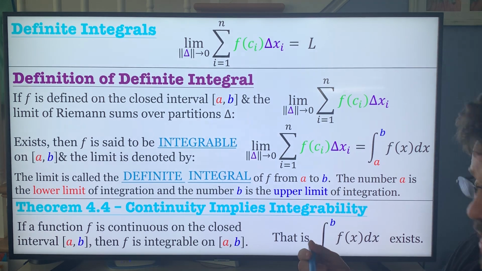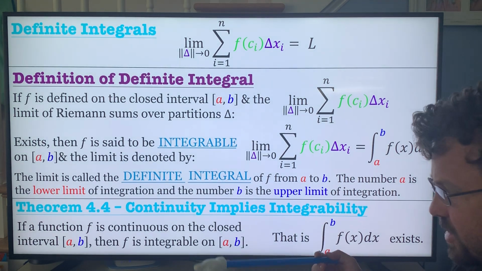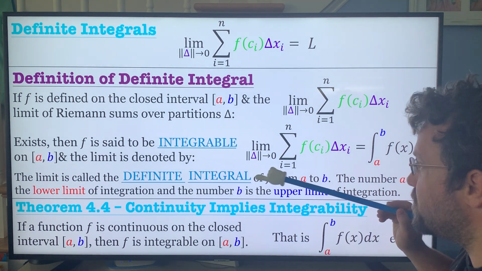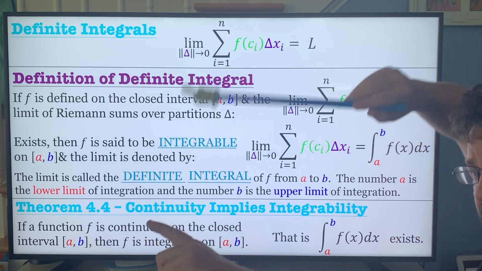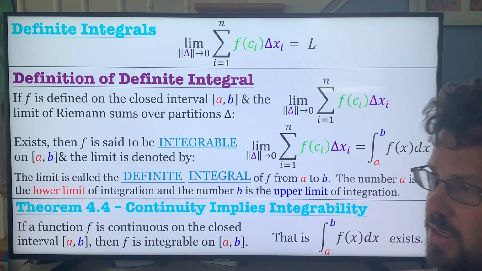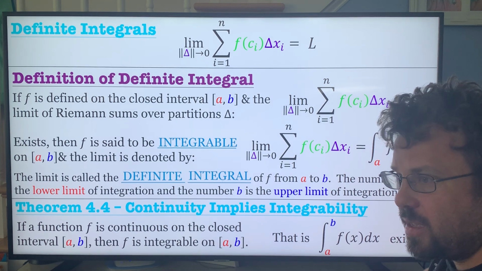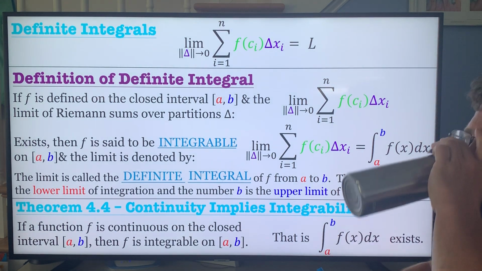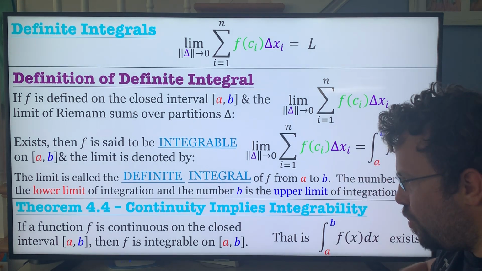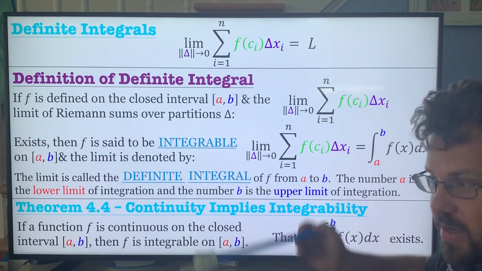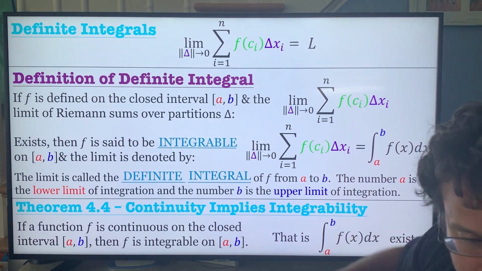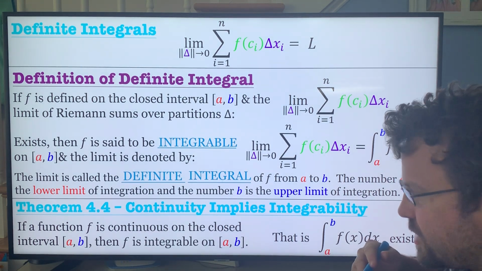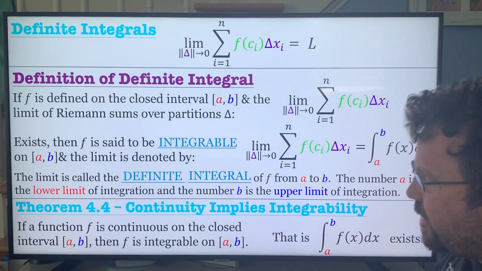What it means is if it's continuous and it's a closed interval, meaning closed circles at a and b, and no asymptotes or holes in your function as it goes from a to b, it's just one solid line, you're good. And when I say it's a function, it means it can't zigzag back and forth. That'd be cheating. That wouldn't be a function at all.